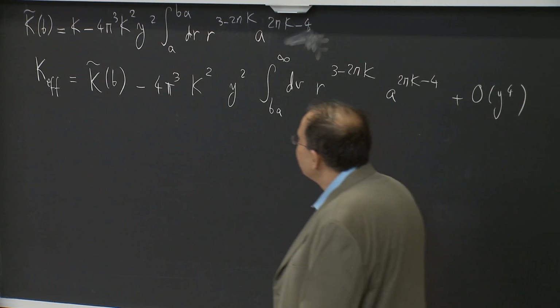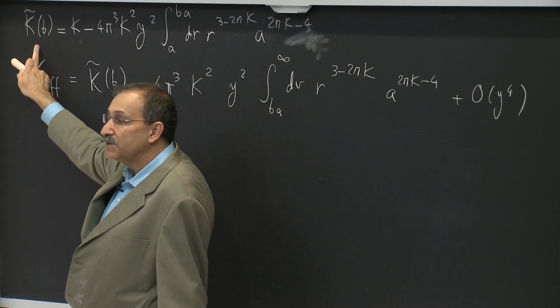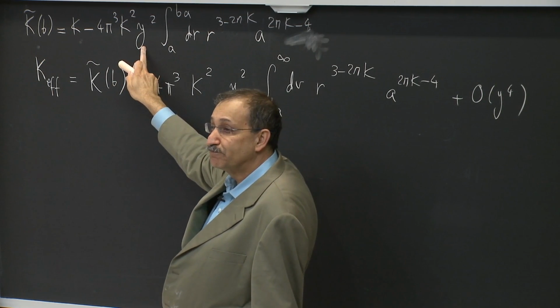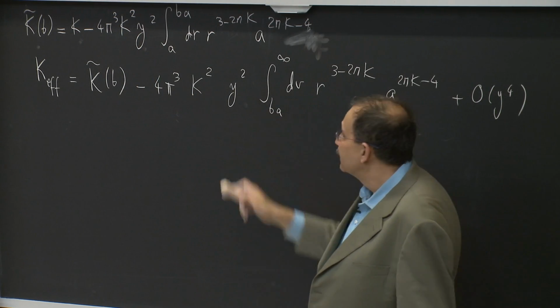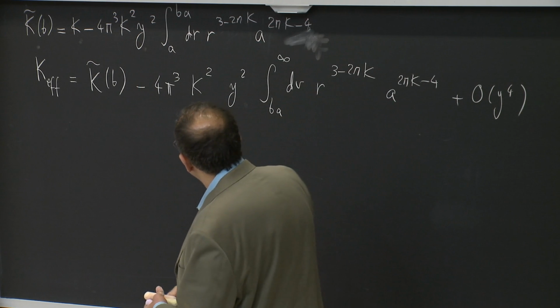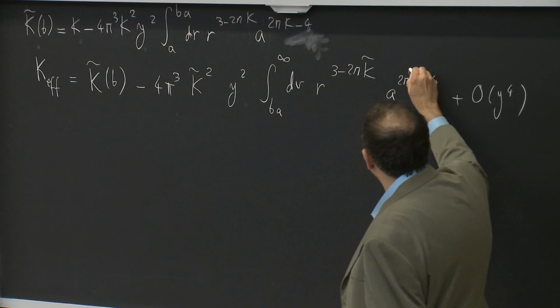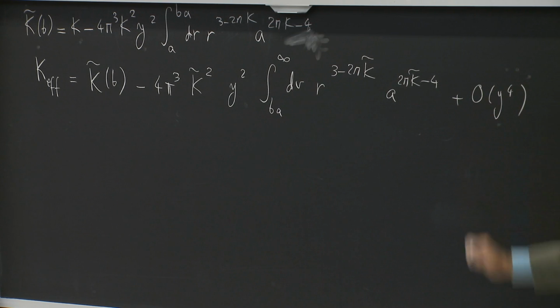You see that K has been shifted through this transformation by an amount that is order of y². So at order of y², in this new expression, I can replace all the K's that are occurring with K tilde, and it will still be correct to this order.